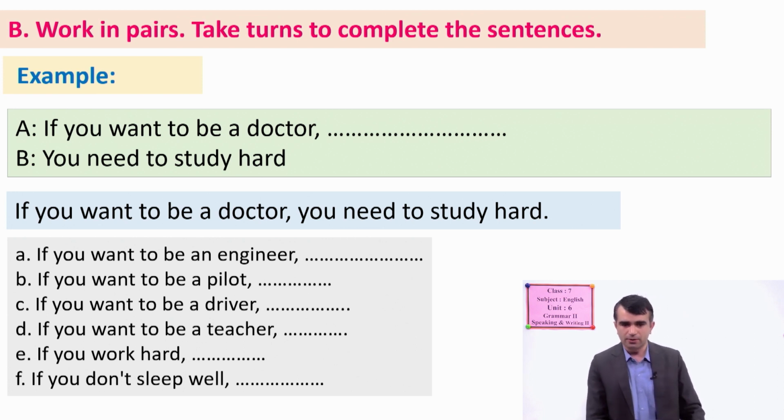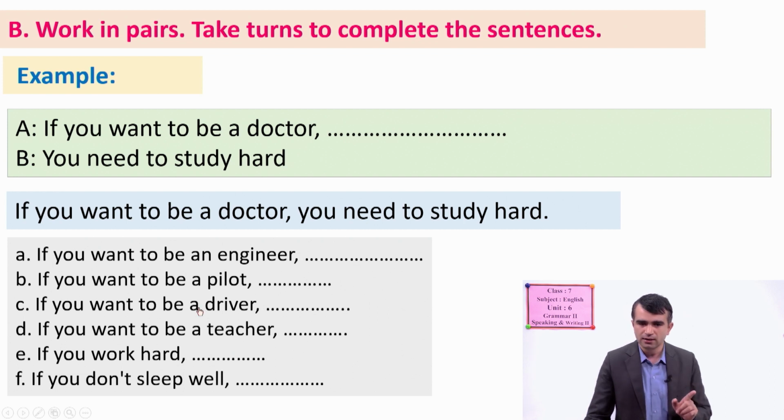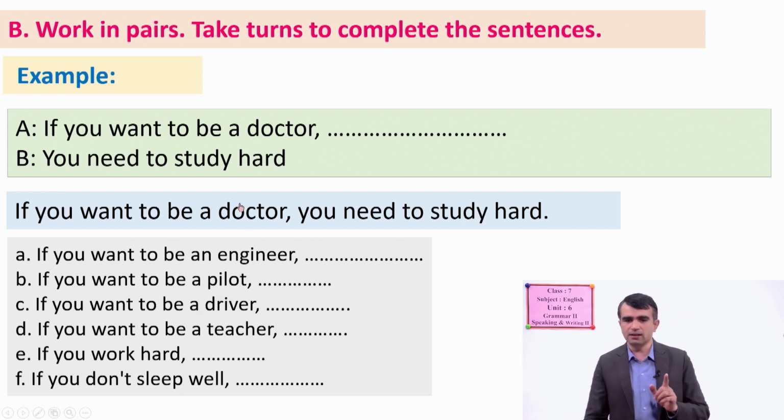Now, see here. Number A, B, C, D are related to if you want. They begin with if you want. That is also a condition. You need to answer in the same way as given in the example: you need to study hard.